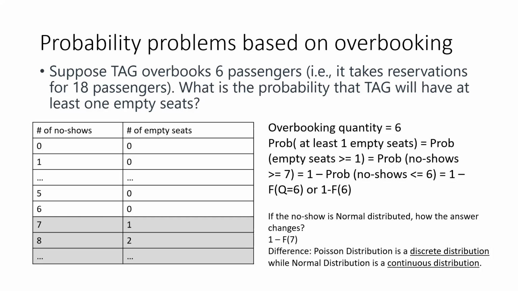So it continues. If it's a normal distribution, then no-shows greater than or equal to 7 is equal to 1 minus the probability that no-shows is less than or equal to 7. We do not subtract 1 because the normal is a continuous distribution. Make sense?